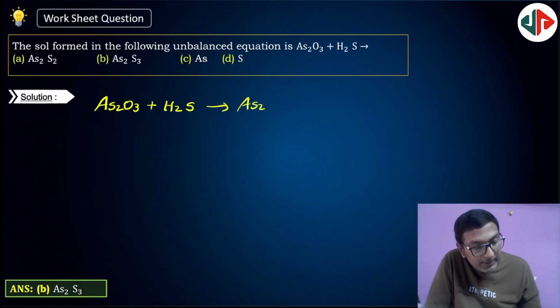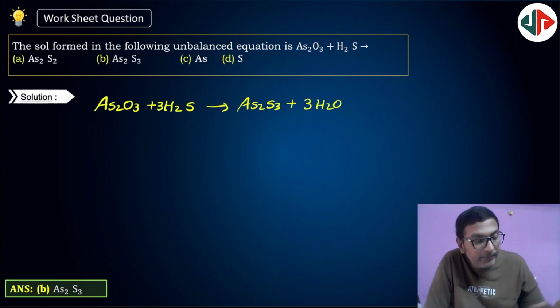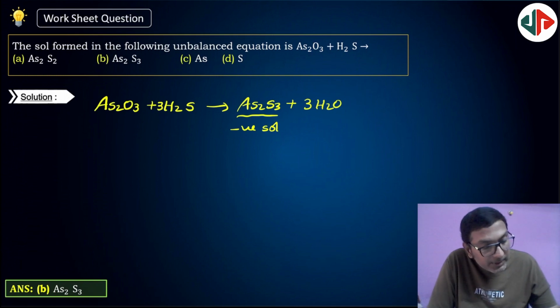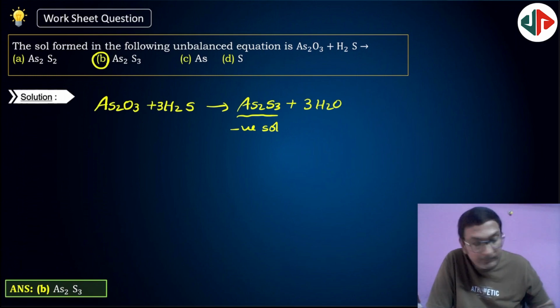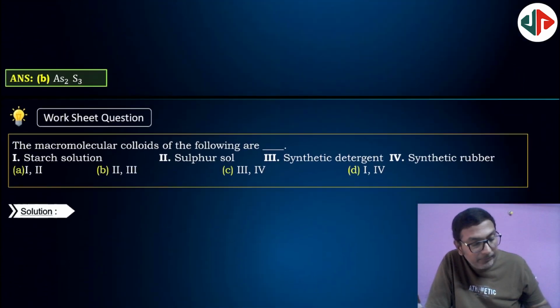It gives As2S3 plus 3 moles of H2O, and take here 3H2S. So As2S3 sol. So this is the best example of negative sol. Option B. That means negative colloidal solution. Next.